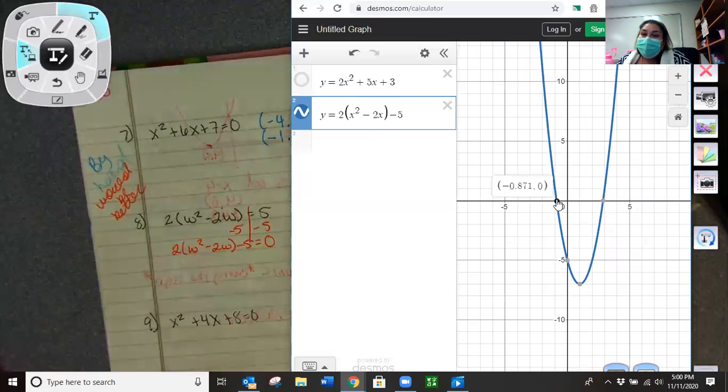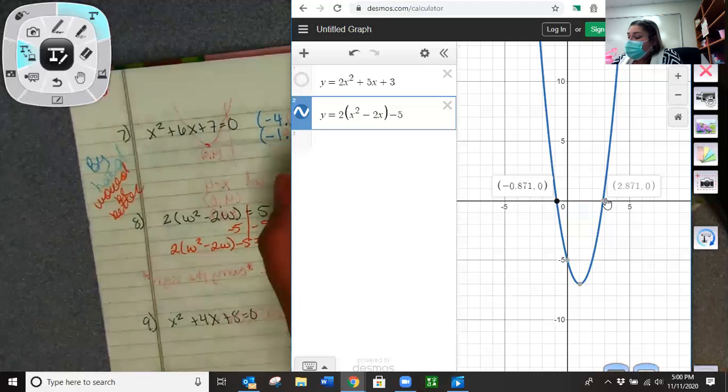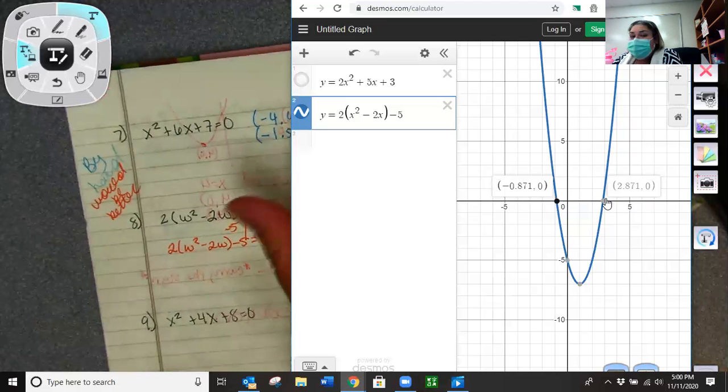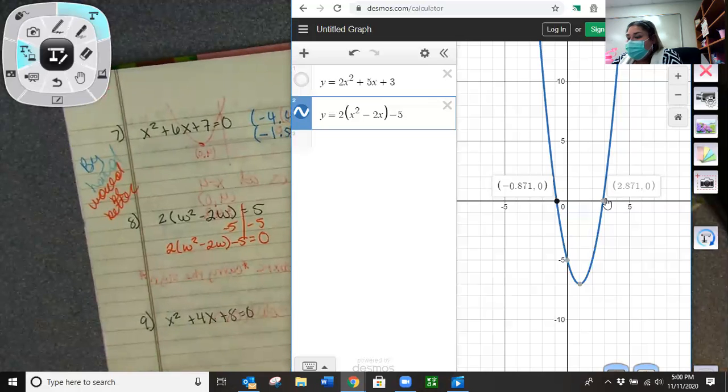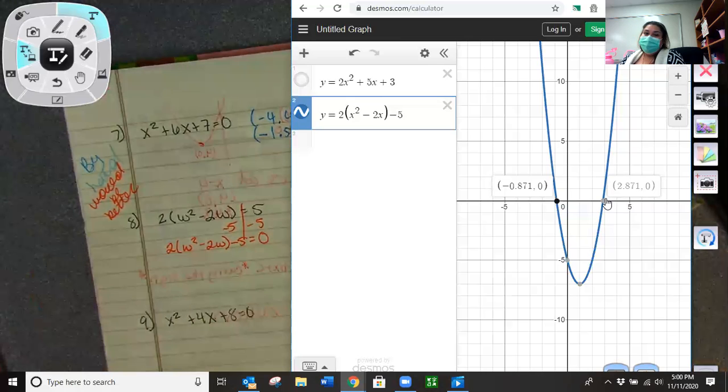Okay, so right here, again, we have not so pretty x-intercepts. So this is when graphing is not the best idea. So we could still write that down, right? Comma 0. So 2.871. All right.